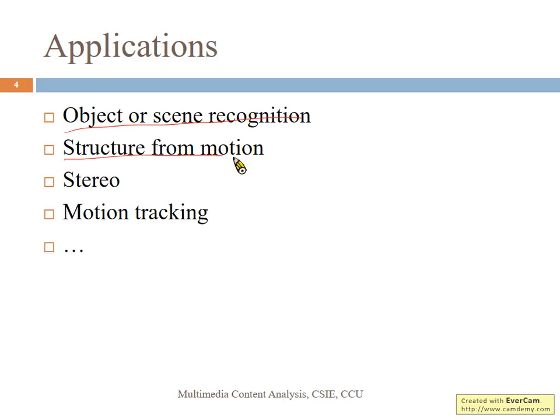We can also do structure from motion, stereo matching, and motion tracking. So many applications can be developed based on robust local feature points. Actually, tremendous amounts of studies were conducted based on local feature points in the last decades.